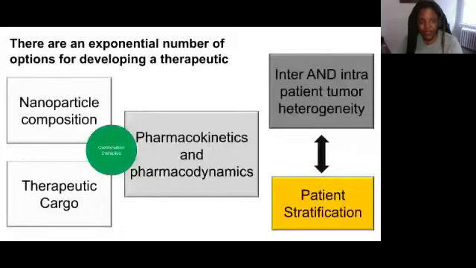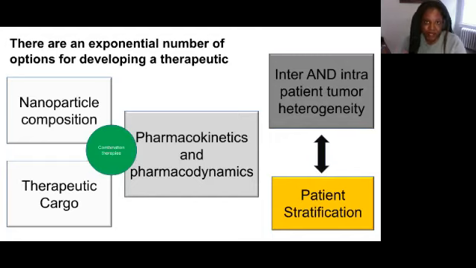Combine that with the inter-patient and intra-patient heterogeneity, even within a single patient, where you really have to understand how the things on the left impact the things on the right, to get towards patient stratification. In my mind, that means: when you make a therapeutic, how do you know which nanoparticle formulations are best tailored for getting to the point where you know whether a patient will benefit?